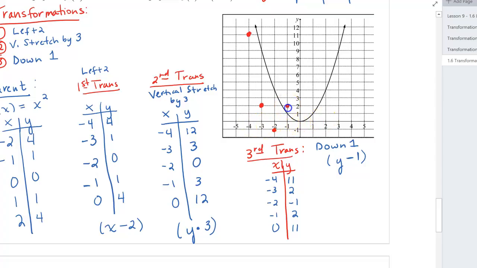Negative 1, 2, and then 0, 11. So now I have my transformed parabola. Hopefully you can see it has been shifted left, down, and stretched vertically. So we pull on that parabola in this direction, which makes it skinnier.